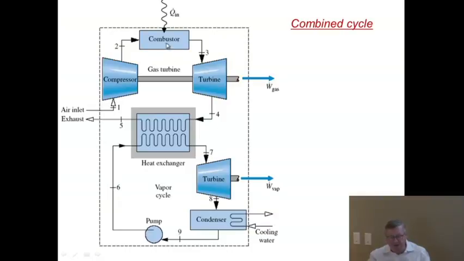The advantage is that combustion takes place in the gas phase. The gas temperature in a combustion is maybe 2000 Kelvin. Well, you know that you can use your turbine entrance around 1500 Kelvin. So the temperature difference between the combustion process itself and the turbine is, let's say, 500 Kelvin or so.